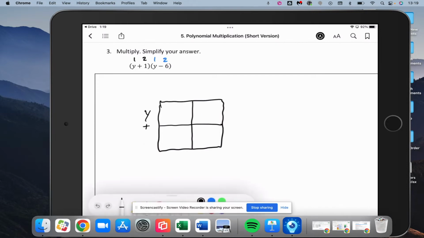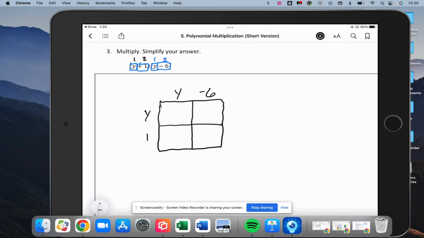And I'll do it this way instead, actually. So we have a y and we have a 1. And remember, it's helpful if we draw boxes around these things. So that's a positive y, that's a positive 1. On the top, a positive y and a negative 6. So on the top, we will have a y and we will have a negative 6.